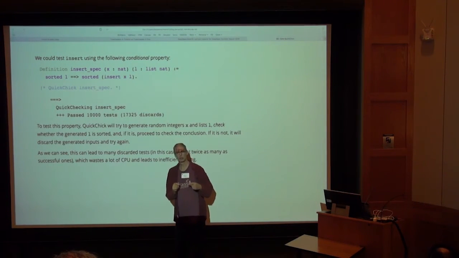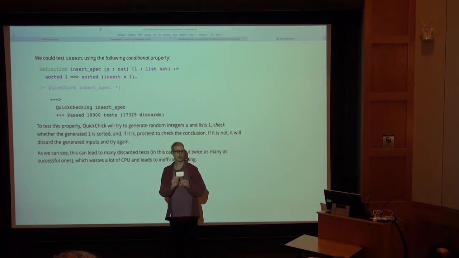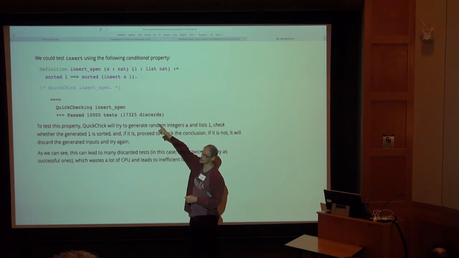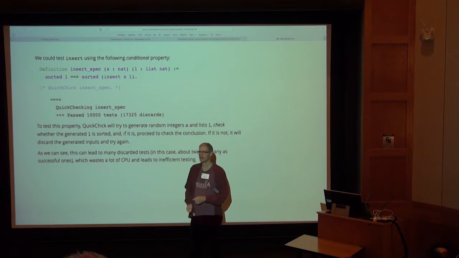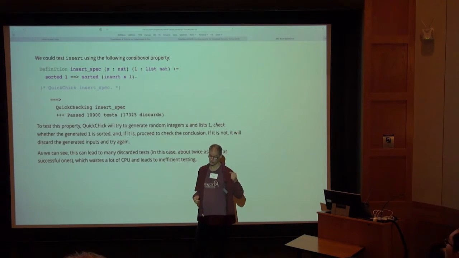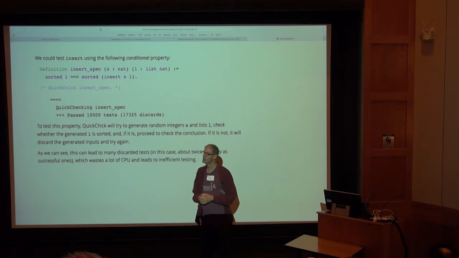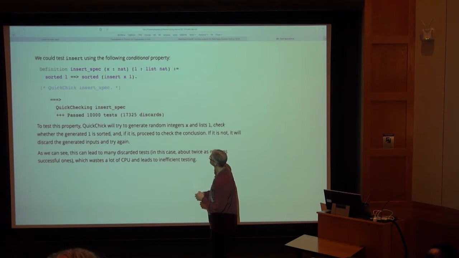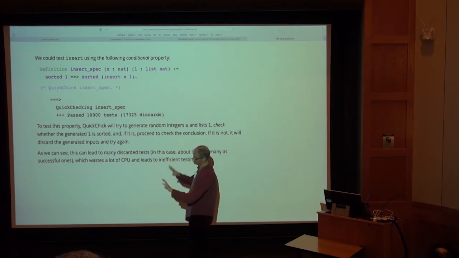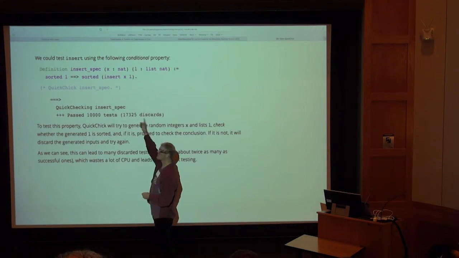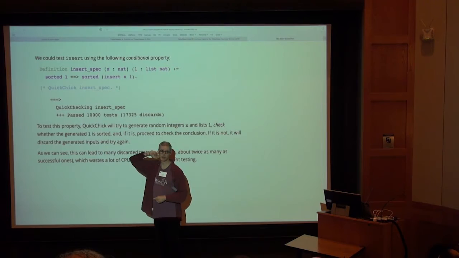So for that reason, QuickCheck internally distinguishes between two different kinds of success, namely this kind of success that is really a kind of failure, and real success that means we tested something meaningful and the test passed. It summarizes the results separately so that we can realize that we're not necessarily getting very good testing.